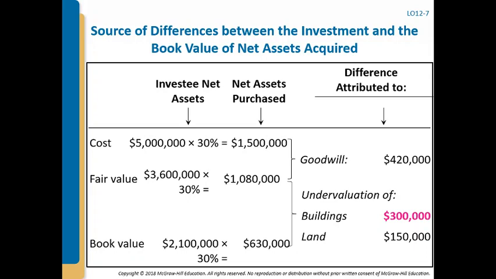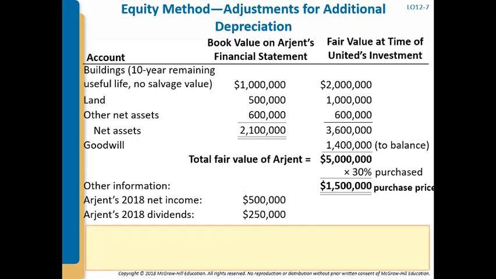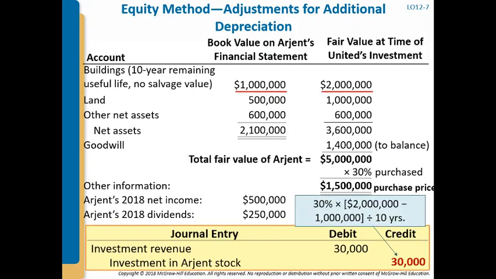The undervaluation there is due to the buildings and the land. Only one of those items is depreciable, the buildings, and so we're going to have to amortize that $300,000 over its estimated useful life. In this case, that estimated useful life is 10 years.